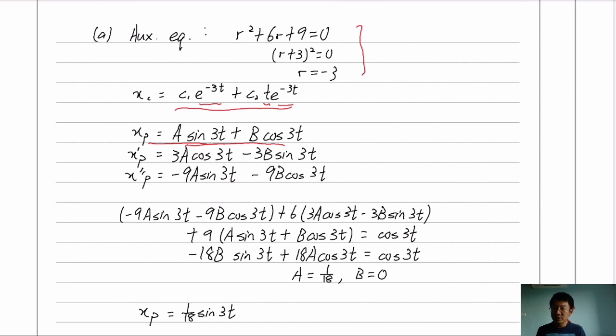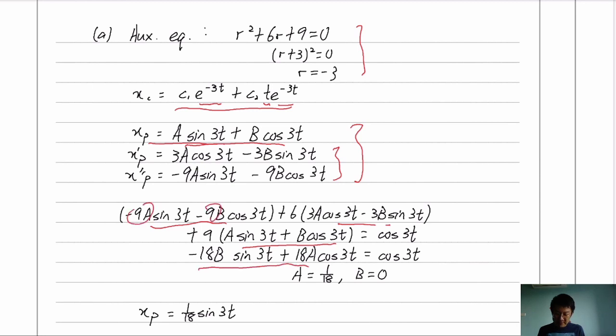In order for us to substitute, we need to differentiate two more times to get the first and the second derivative. Next, we substitute these back into the equation, for the second derivative, first derivative, and also the x. From there, we will have to tidy up all the a's and b's.